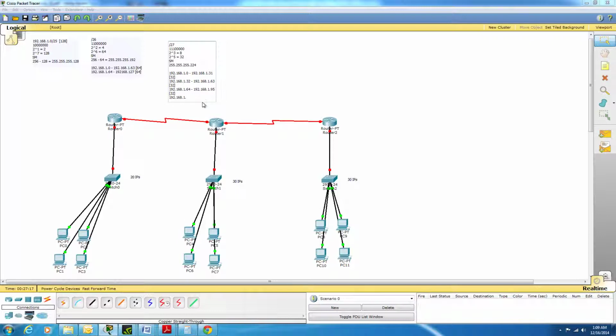So this one starts at 1.96, and that's going to go to 192.168.1.127, and that will be your final block of 32 IP addresses. Perfect. So these are our blocks of IP addresses that we will be using.